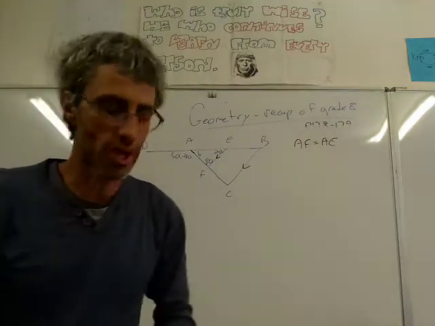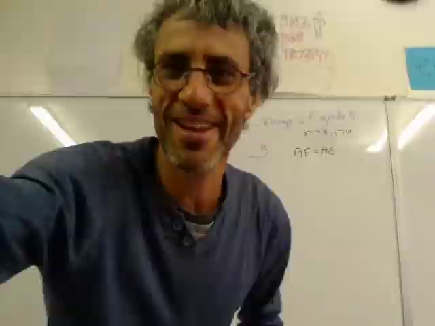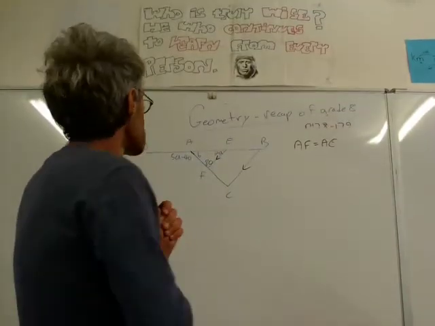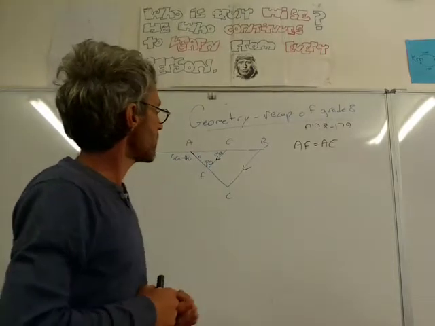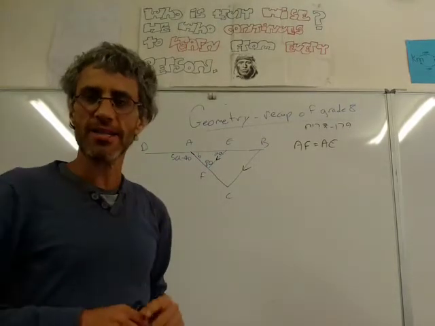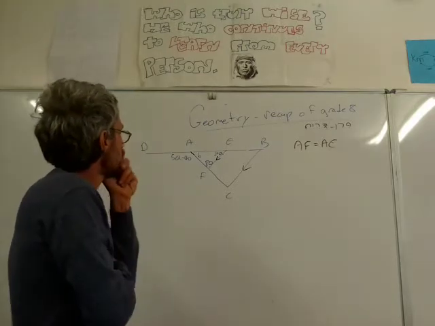I'm just going to make sure I've got everything right there. So we want to find A and then prove that the sides of this triangle are equal. So how are we going to do that?